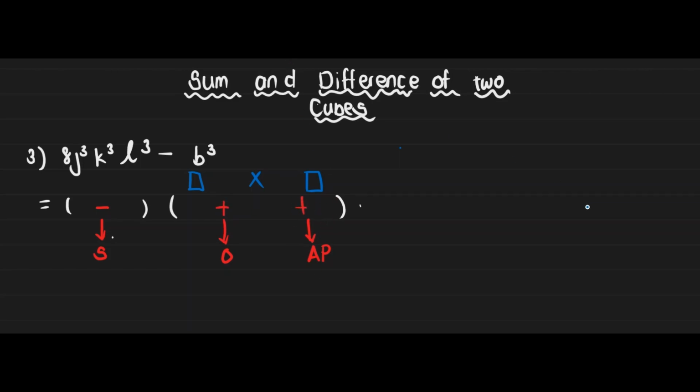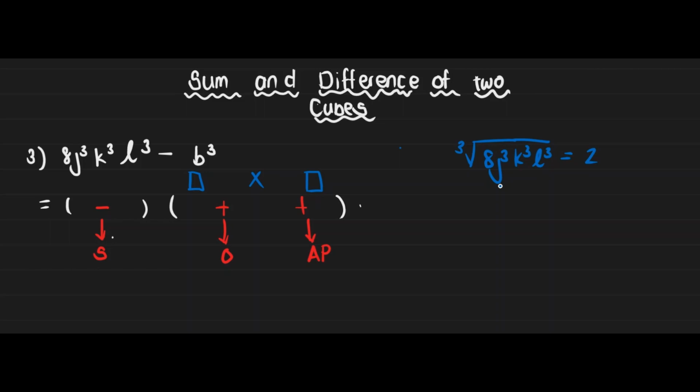Now let's fill in the variables. We need to find the cube root of the first term and the second term. The first term is the cube root of 8 j cubed, k cubed, and l cubed. The cube root of 8 is 2.